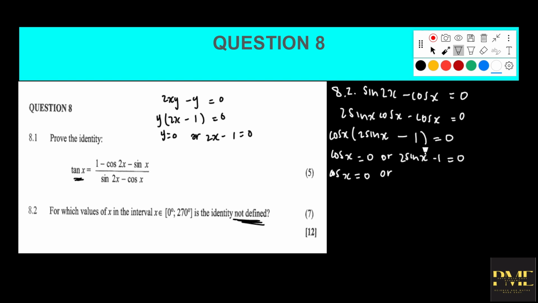You're going to transpose 1 and then divide by 2. So 2 sin x is equal to 1, and if I divide by 2 on both sides, we remain with cos x equal to 0, or sin x equal to 1 over 2.